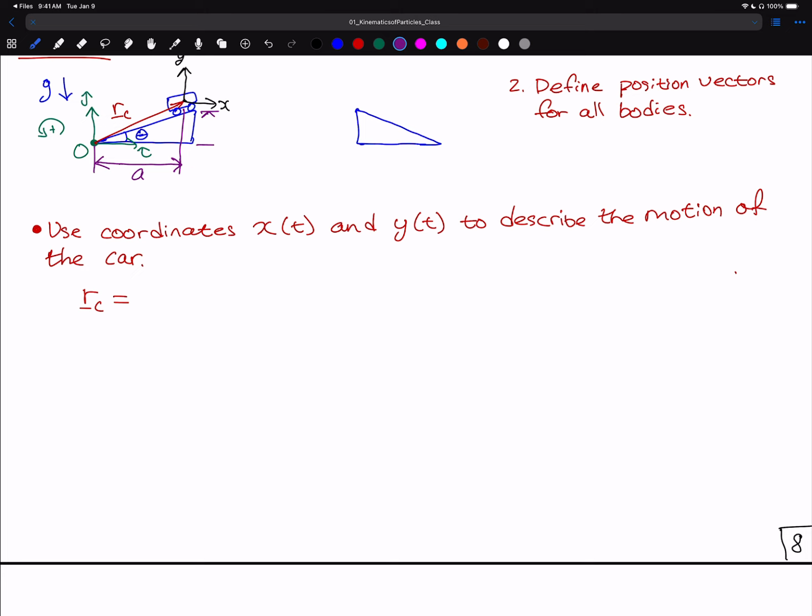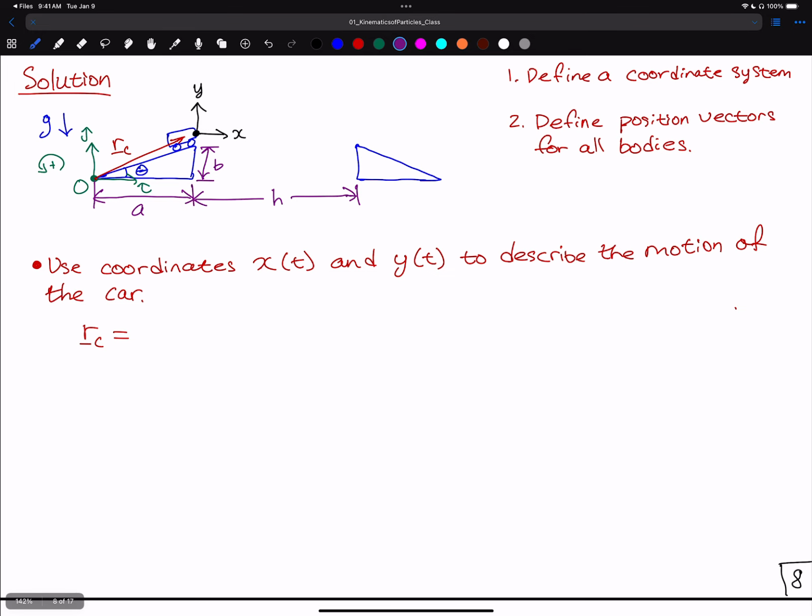And that being said, we need to move our reference frame to the edge here. X and Y, and then let me redefine A here. A is going to stretch to the edge of the cart, edge of the ramp. Okay, perfect.